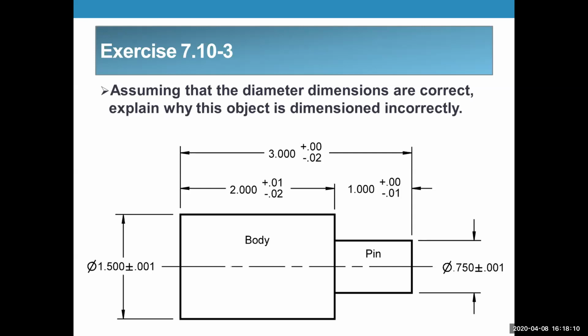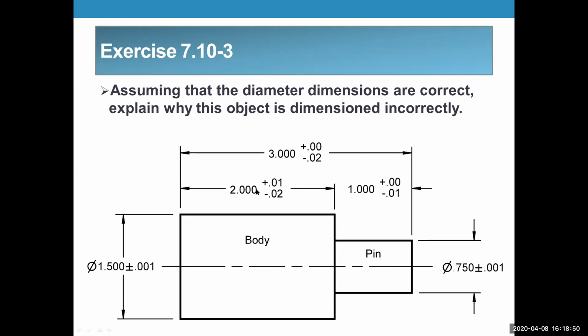Shouldn't the tolerance be consistent throughout? You don't necessarily need to put the same tolerance on each one. What I was more trying to allude to was that at the very least, I think the 3.0 should have a plus 0.01 in it, because if your 2.0 reflects that, I feel like the overall length should also reflect that.